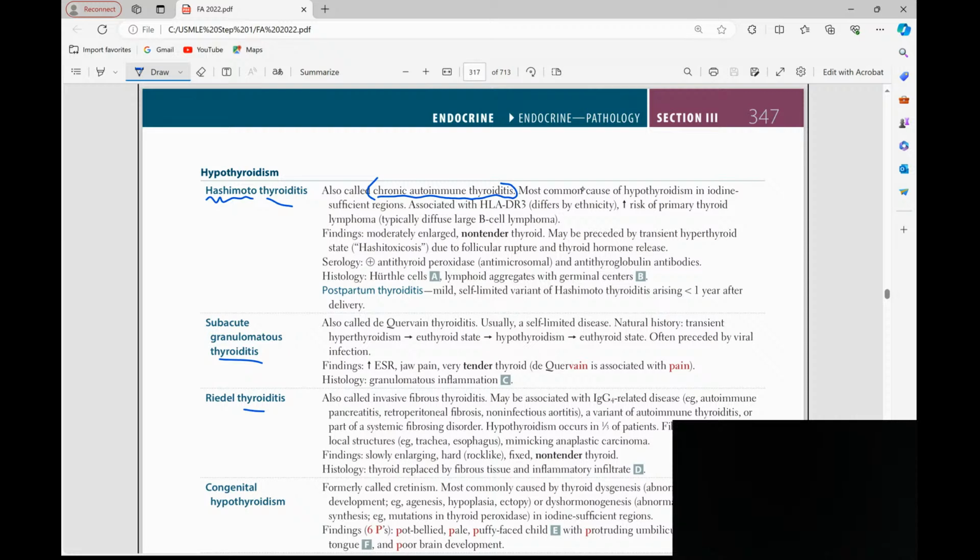And it is the most common cause of hypothyroidism in iodine sufficient regions. If it is in an iodine deficient region, then hypothyroidism is due to that. But there is already enough supplementation of iodine, and still the patient is developing hypothyroidism, it means there is Hashimoto thyroiditis.